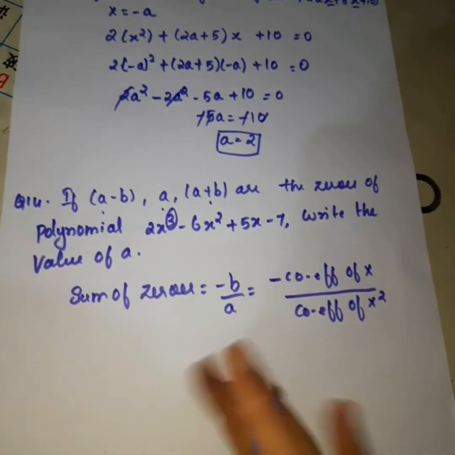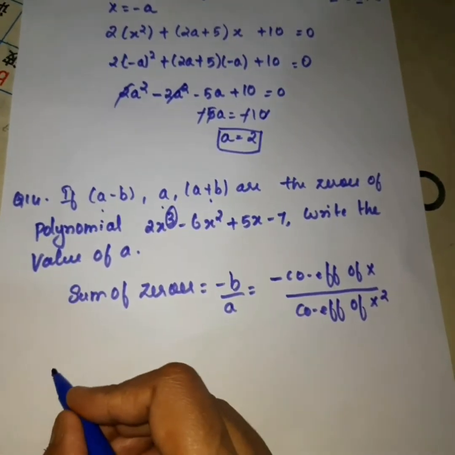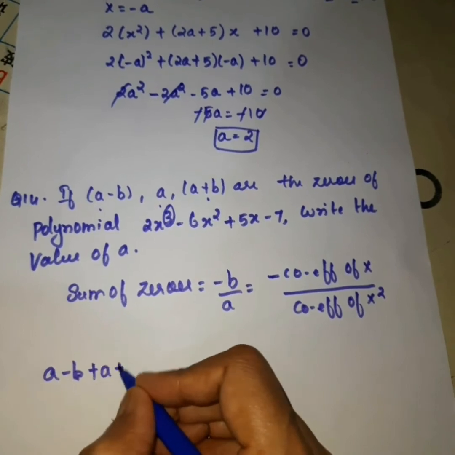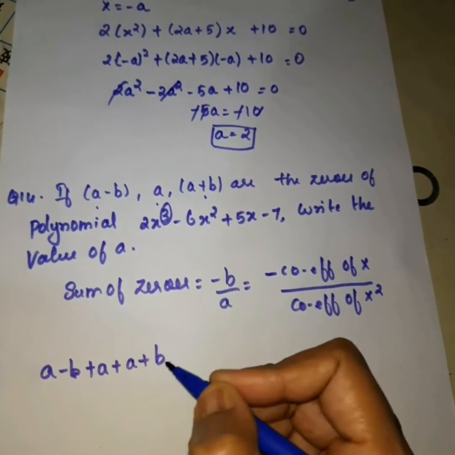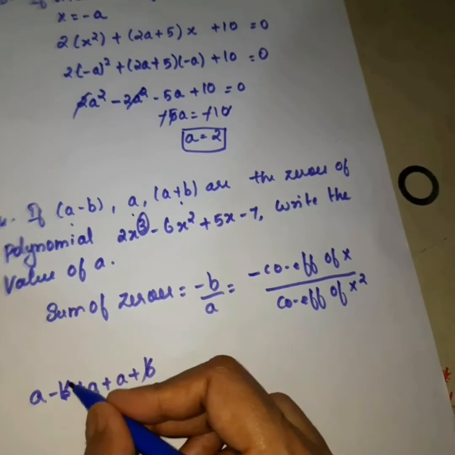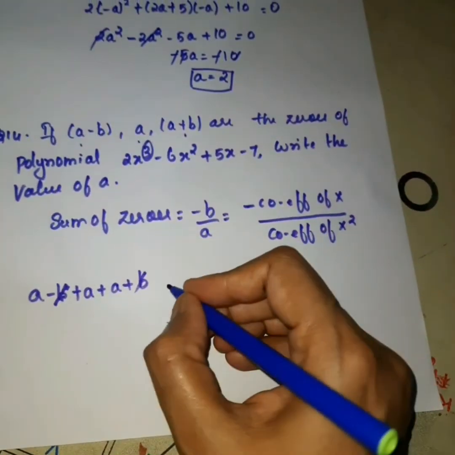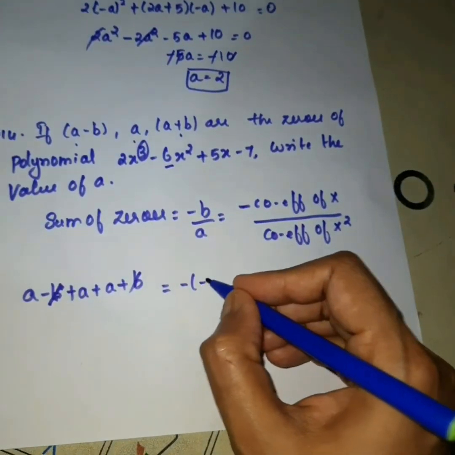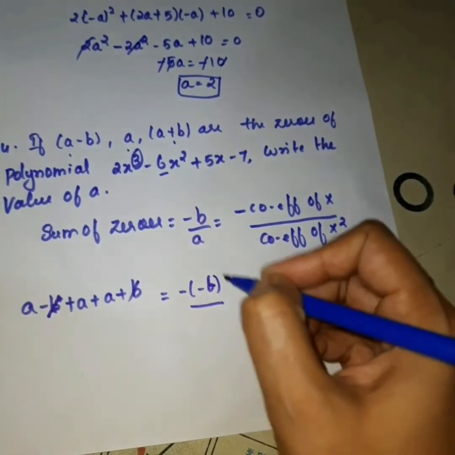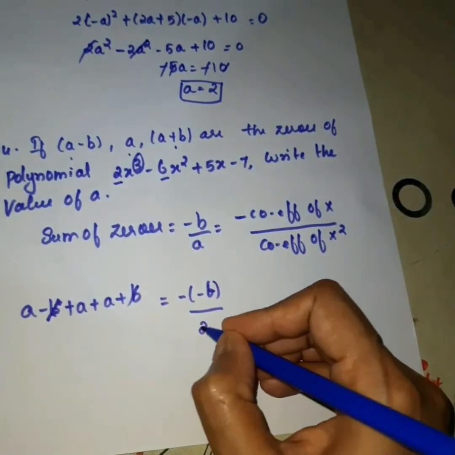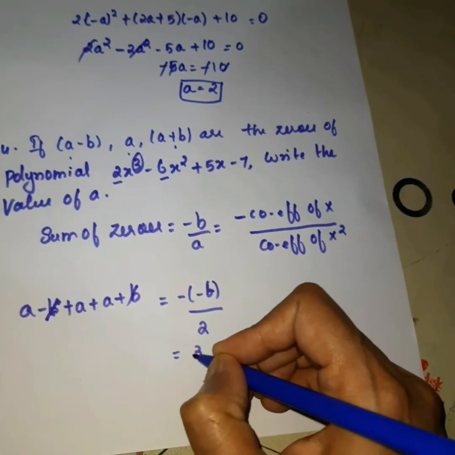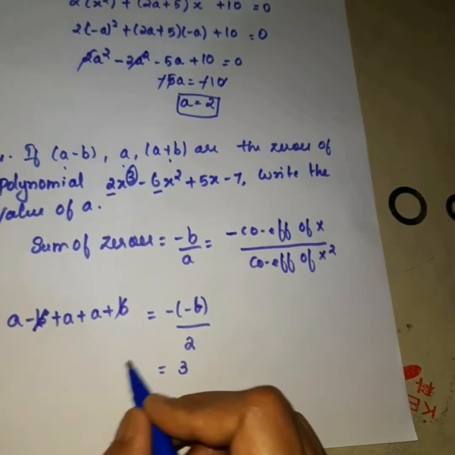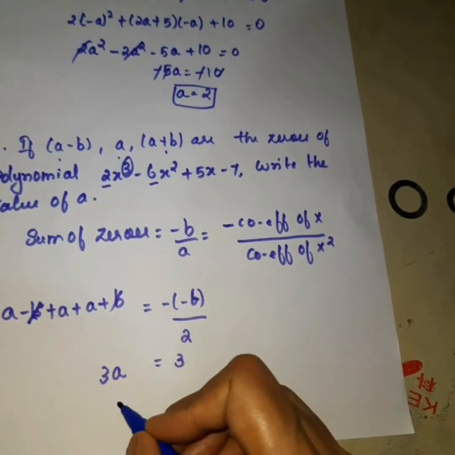So in the given question, we have to sum all the 3 zeros on the left hand side. So b and minus b go off on the left hand side. And minus of minus 6, that's the value of b, and value of a is 2. So that's going to be 6 by 2, 3. So 3a on the left hand side equal to 3 on the right hand side. So a equal to 1.